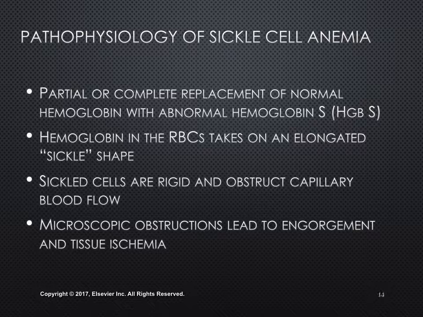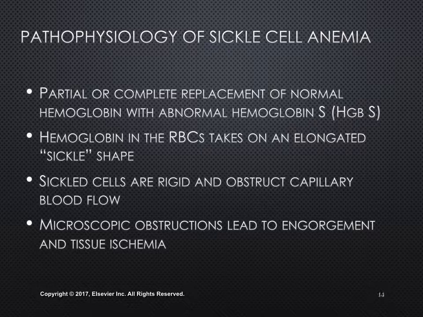What we can see, though, is that they get microscopic obstructions that lead to engorgement and tissue ischemia. And this can happen at any time. If you think about it, if one cell gets stuck and then another cell comes along and it sticks to the one that's already stuck there, slowly but surely you're going to build up a dam, like a beaver dam, and the blood won't get past there, and so the area past that vessel is not going to get oxygenated blood.